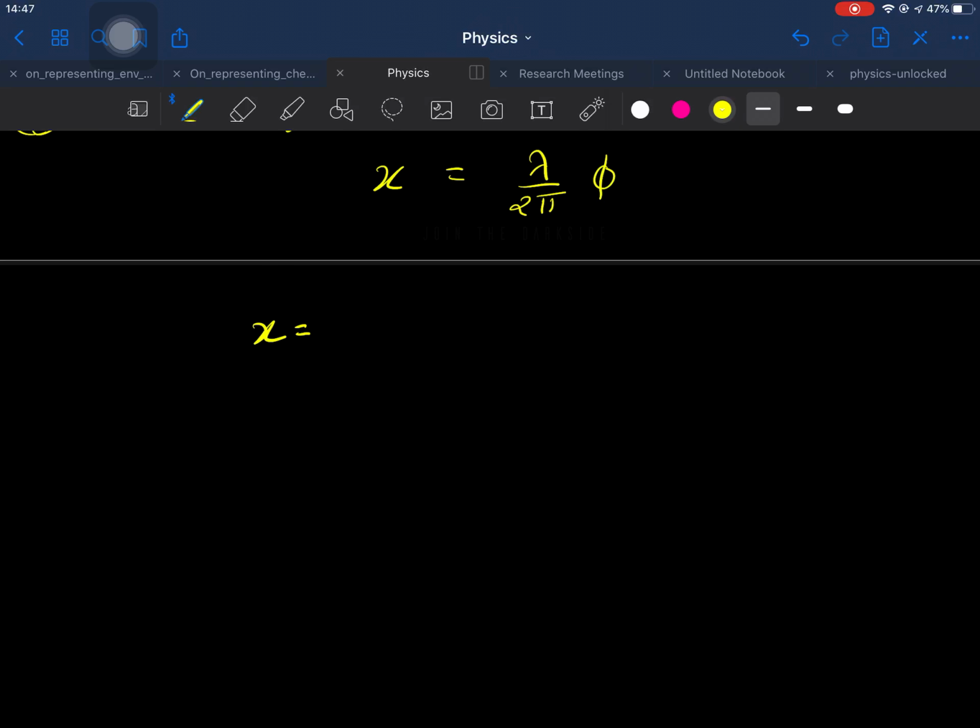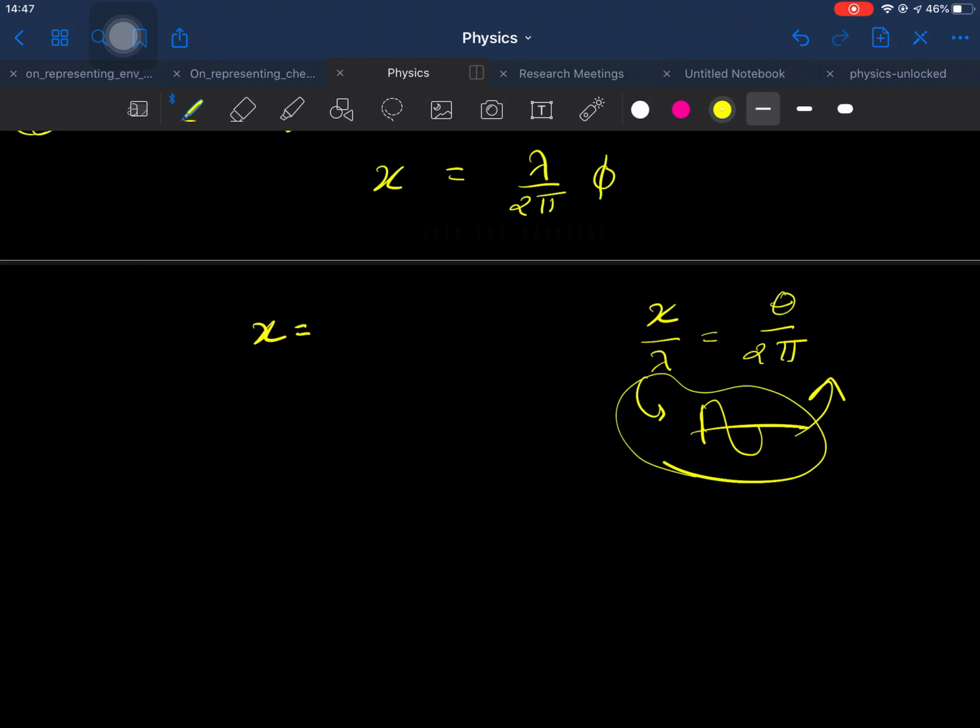It's actually very simple. We just compare the wavelength and the displacement: x displacement divided by lambda displacement is phi or theta divided by 2 pi. That's a quick recall of how we derived it. So x is equal to lambda into phi by 2 pi.